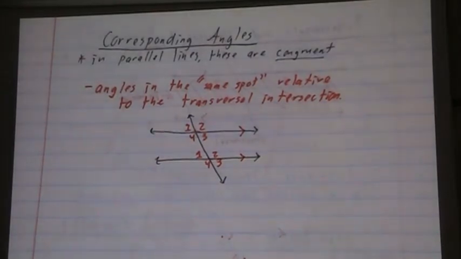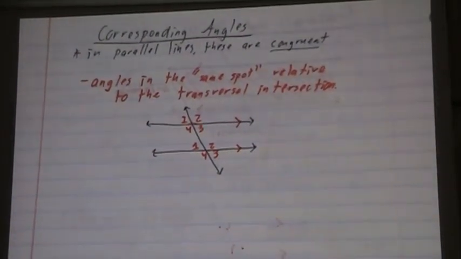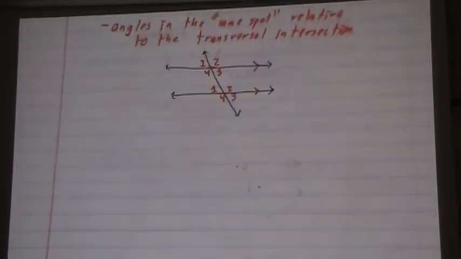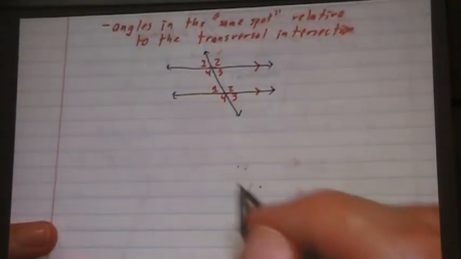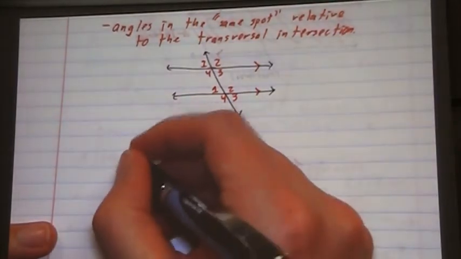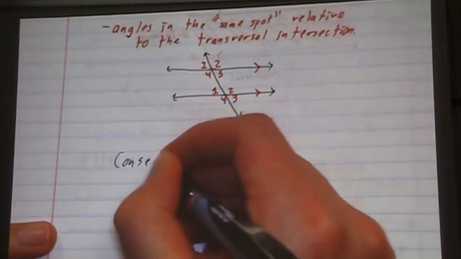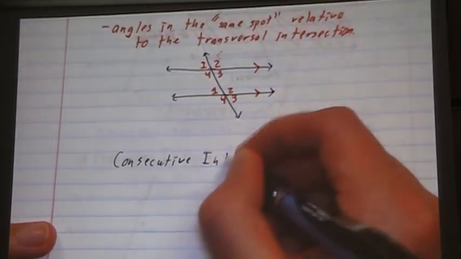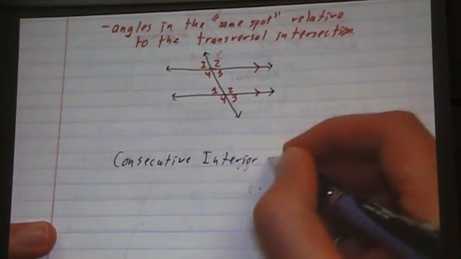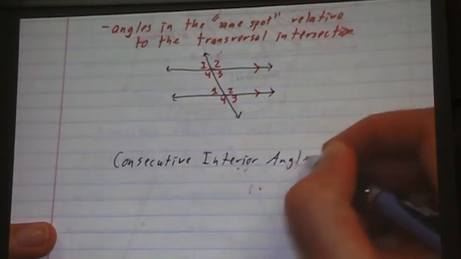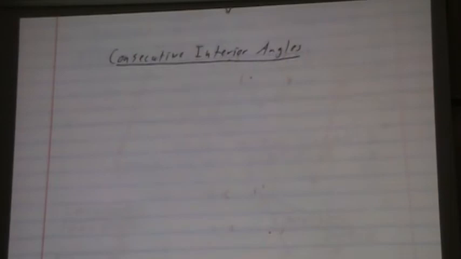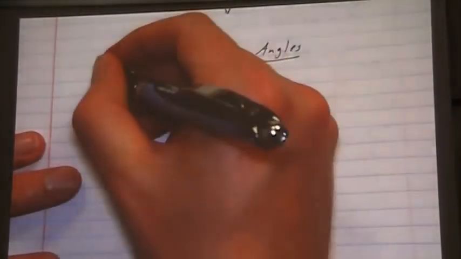And I know what you're thinking. You're like, man, everything's been congruent. Is anything not going to be congruent? Yes. This last guy's not congruent. These guys are called consecutive interiors. And consecutive interior angles are supplementary in parallel lines.